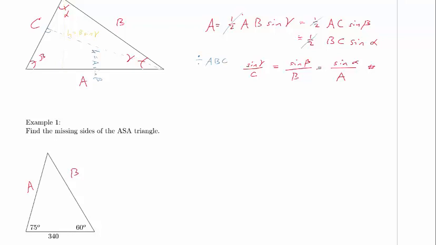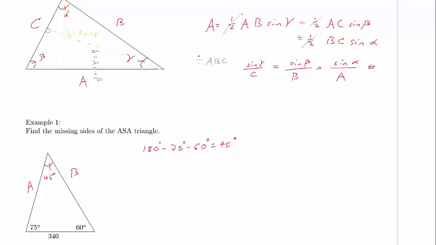We should probably figure out what this angle here is going to be, because that will be our term that we use. And this is just 180 degrees minus 75 degrees minus 60 degrees, which means that missing angle is 45 degrees.